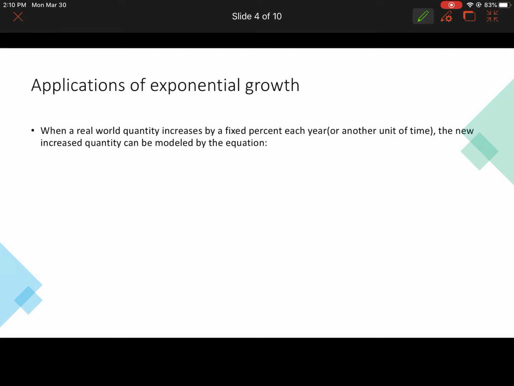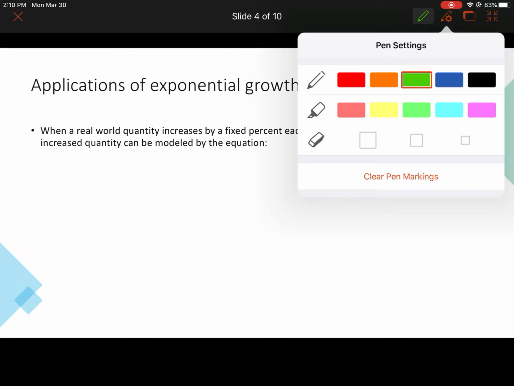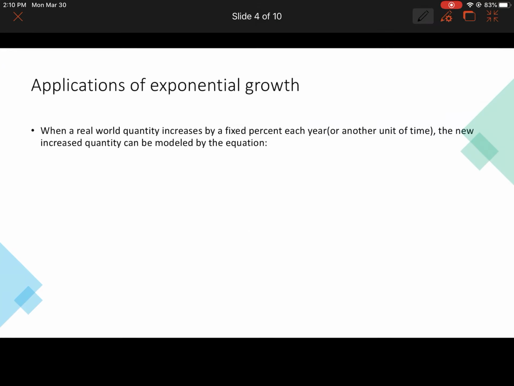Let me write this down actually, let me do this in black. It's going to be the equation y equals a times (1 plus r) to the power of t. y is going to be equal to the final amount. A is going to be equal to the initial quantity.